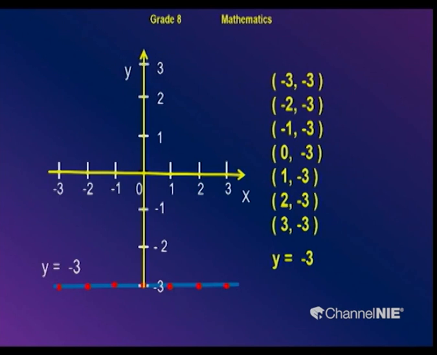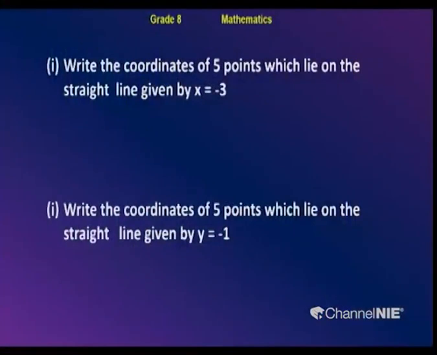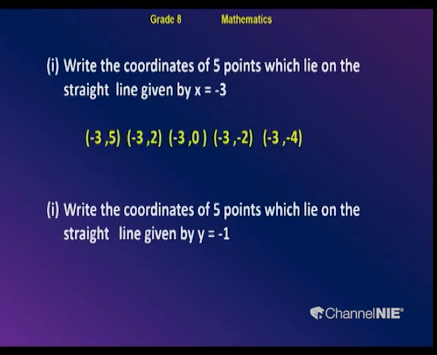Then you have to write the coordinates. How do you write the coordinates without a Cartesian plane? Look at that question. Write the coordinates of 5 points which lie on the straight line given by x equals -3. First you have to write -3, then you can use any number for the y value.